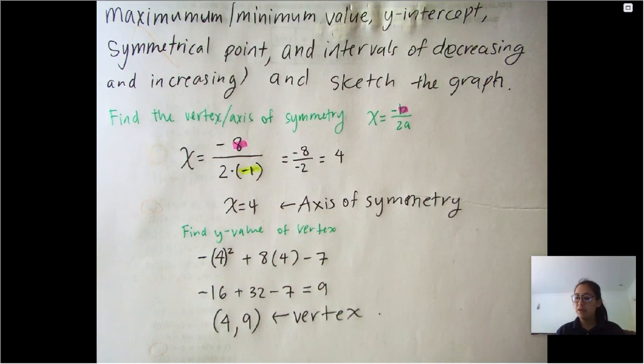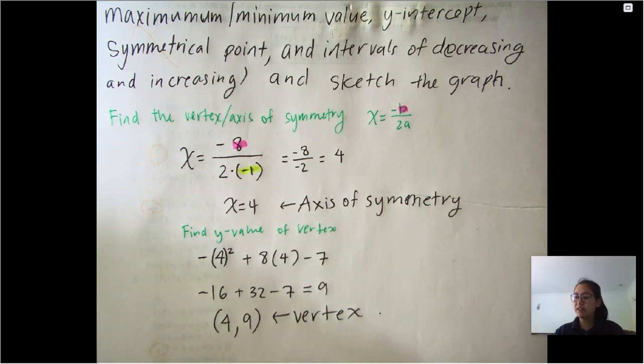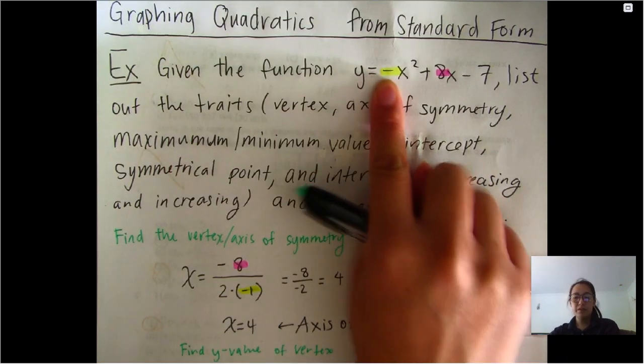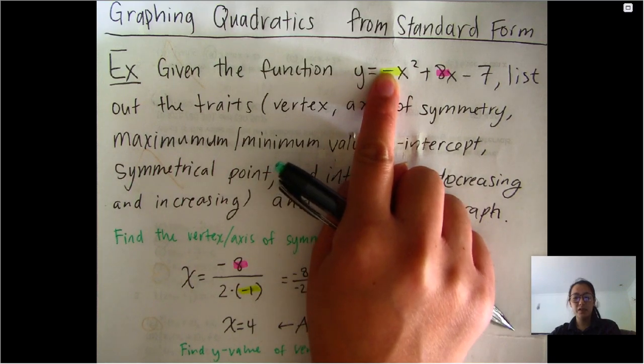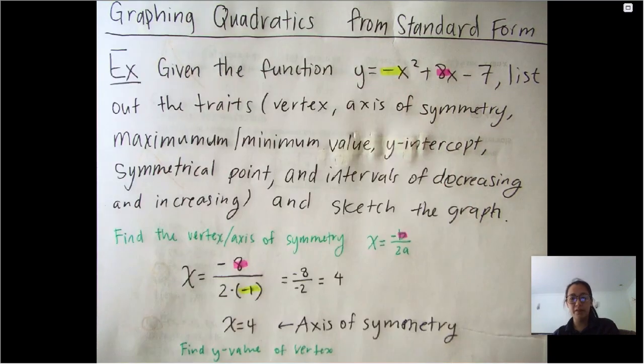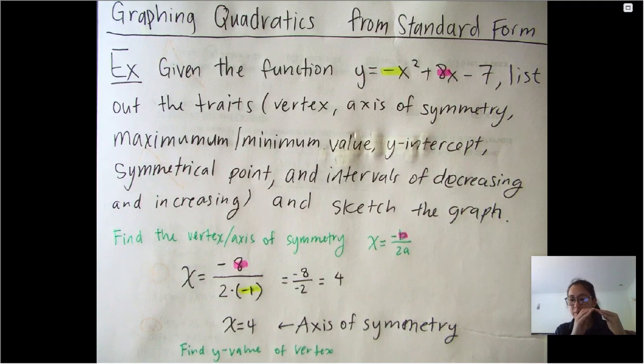And so, as you guys know, this a value is going to tell you whether it's open up or open down. So because this is negative, this parabola is going to be open down. If you have an open down parabola, is it going to be a maximum value or a minimum value?